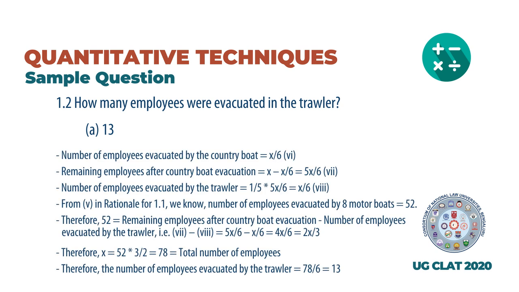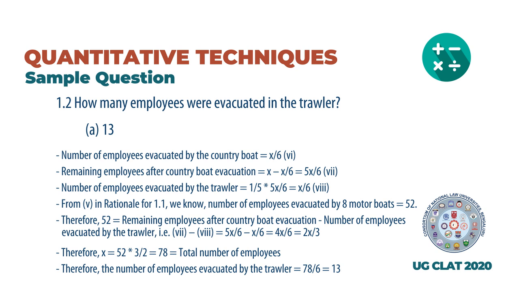If the number of employees evacuated by the country boat is equal to X by 6, let's set this aside as calculation 6. The remaining number of employees after the country boat evacuation is equal to X minus X divided by 6, which is equal to 5X divided by 6.